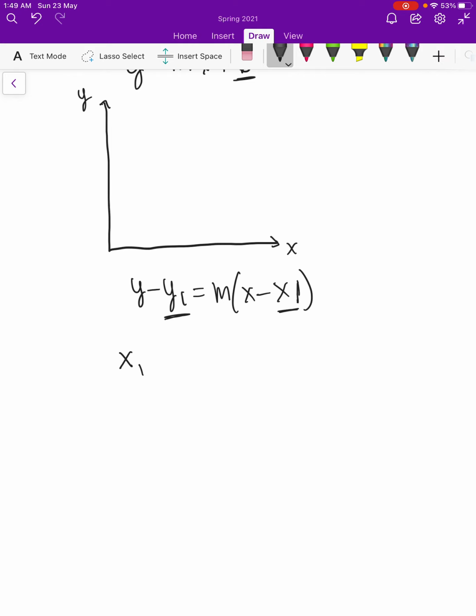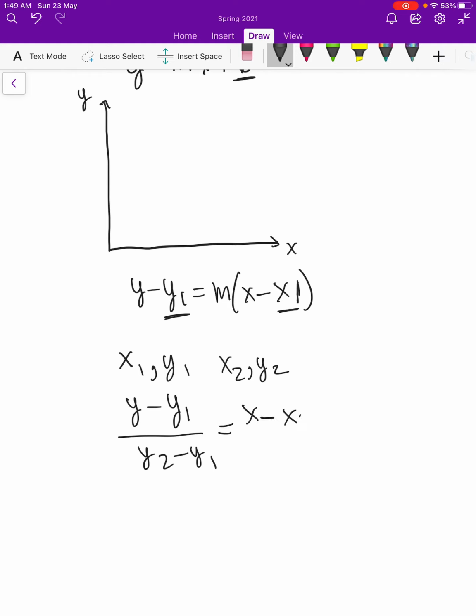Otherwise we could have x1, y1 and x2, y2 and form the equation y minus y1 over y2 minus y1 is equal to x minus x1 over x2 minus x1. Well, I hope we're familiar with gradient, rise over run.